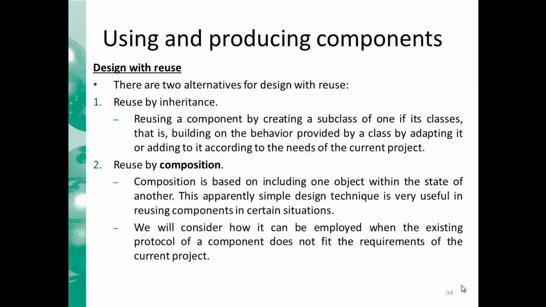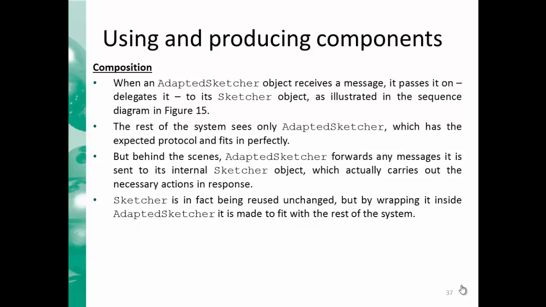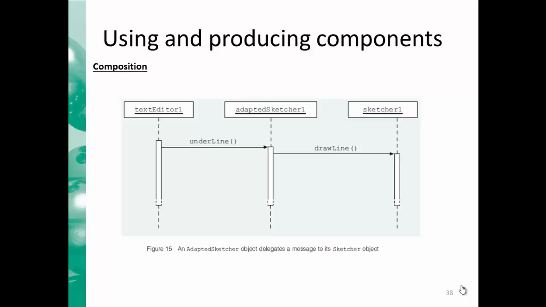Or reuse by composition, making the object of the class part of our object and using it to enlarge our components. Here are more examples of how we use components using the composition method and the advantages of this use.